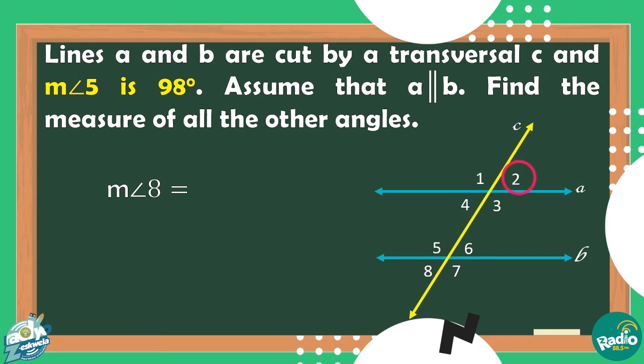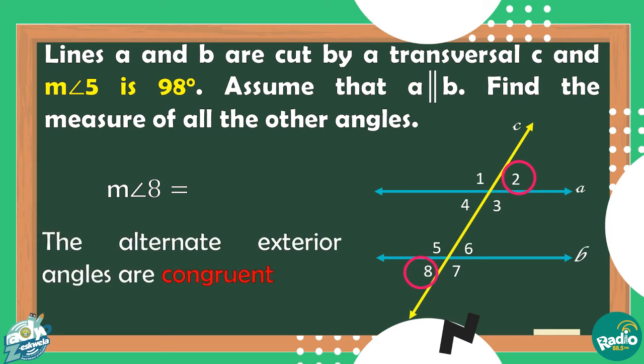We all know that angle 2 and angle 8 are alternate exterior angles, which are congruent. Since the measure of angle 2 is 82 degrees, therefore the measure of angle 8 is also 82 degrees.